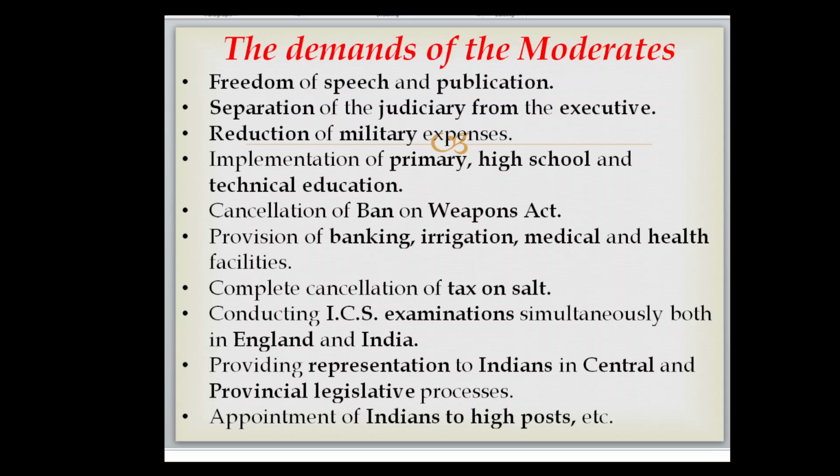Along with that, they urged the Britishers to give representation in the central and provincial legislatures. And the last, most important demand is that the Britishers appoint Indians to the higher posts. As you know, before this the Britishers did not appoint us to higher posts. So these are the demands they had.